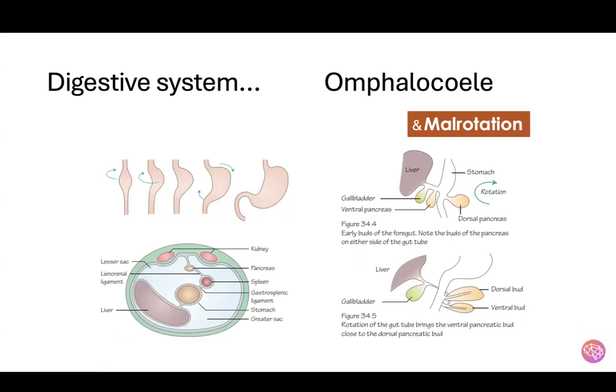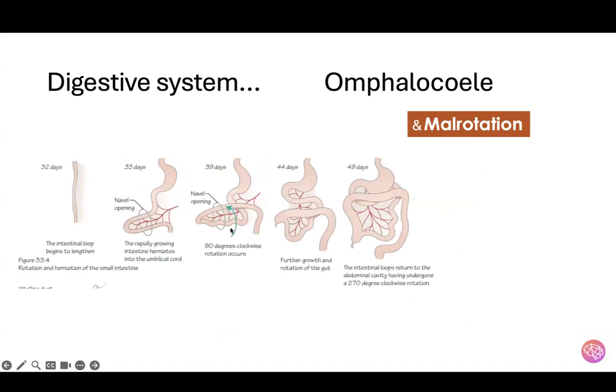So the embryological origin is the vitello-uterine duct, which, because of impaired fusion and differentiation, results in these defects. And you have a herniation and malrotation of the small intestine itself.